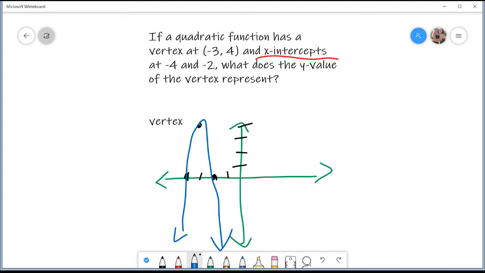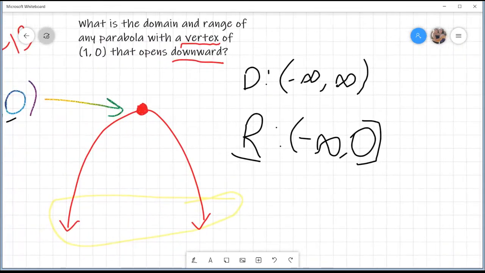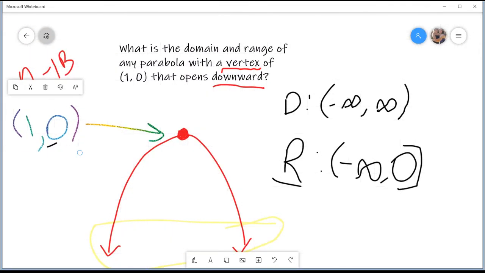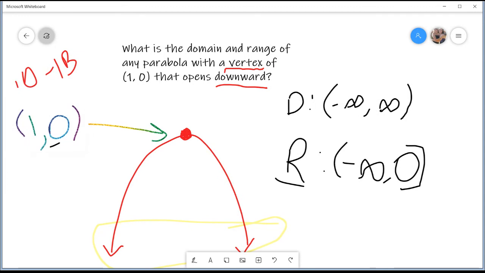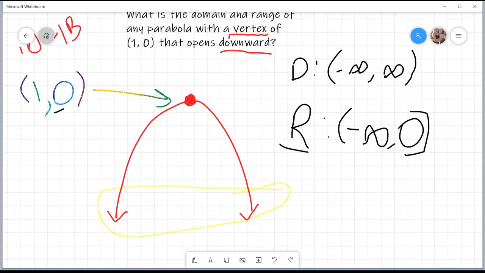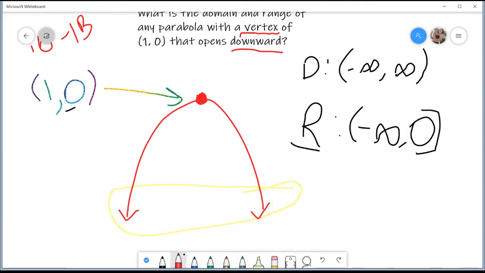The question is asking, what does the y value of the vertex represent? Now, let's look back at what we did over here. The y value of our vertex, this 0, told us this part of the range, right? It told us that we're going to go from negative infinity and we're going to stop at 0. If you remember from last time, we had a name for what happens if it's the highest point.